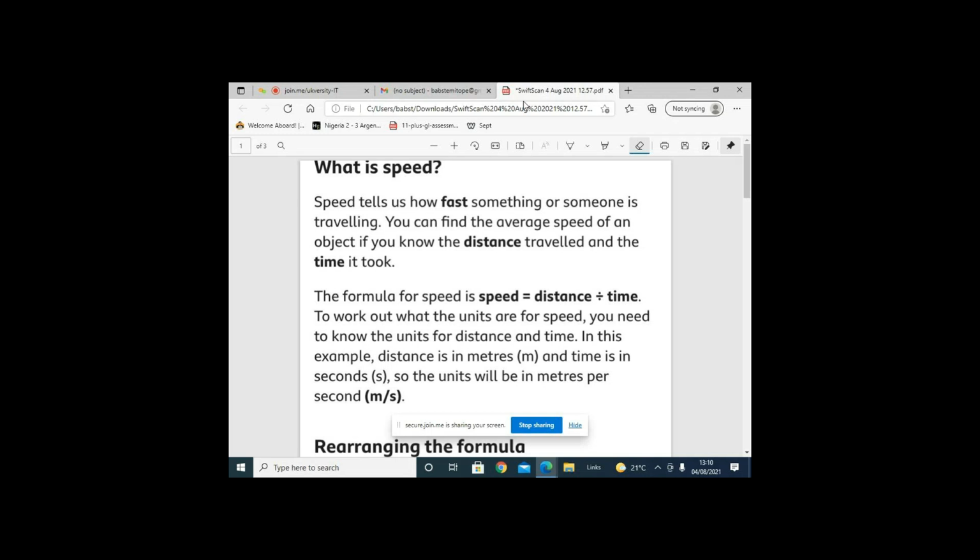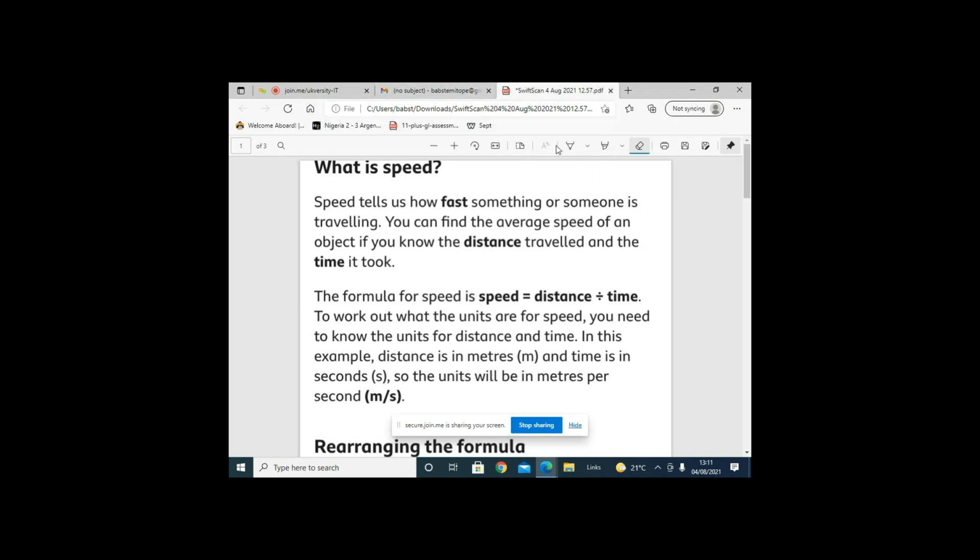If an athlete travels 100 meters in 10 seconds, and another travels 100 meters in 20 seconds, the one that did it in 10 seconds is faster. That person will have a higher speed than the one in 20 seconds.